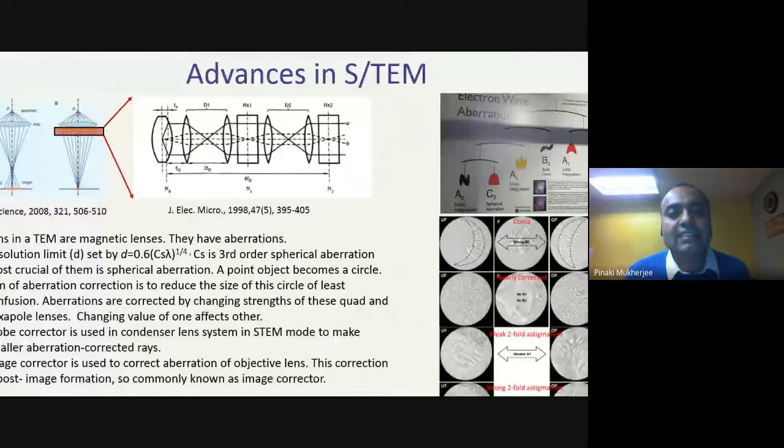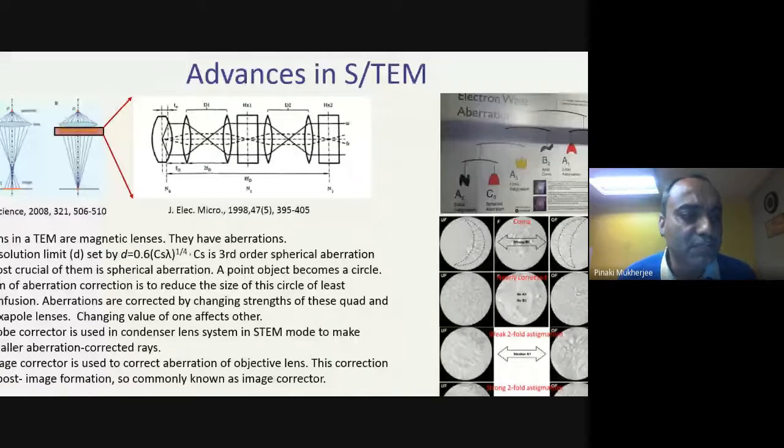Since then, people tried to correct the aberrations, and the first aberration corrected STEM became operational in 2009 at LBNL, and subsequently they brought another aberration corrected STEM.